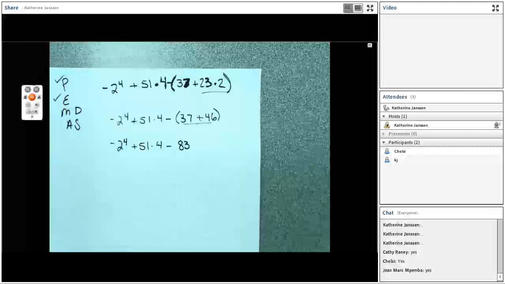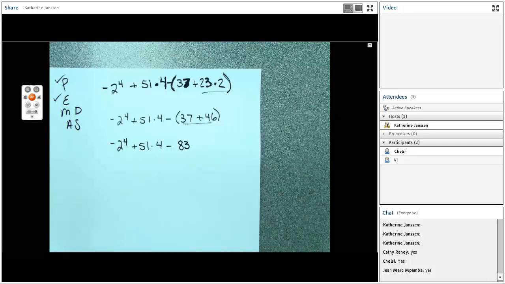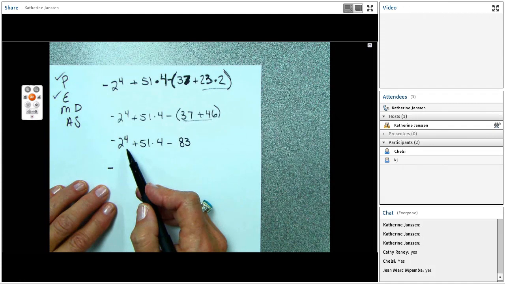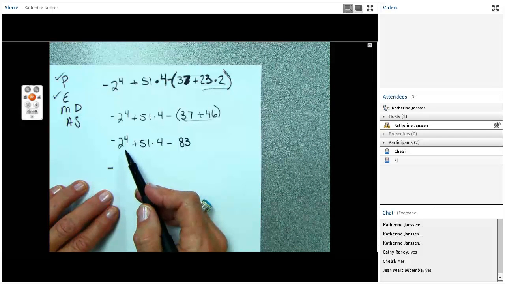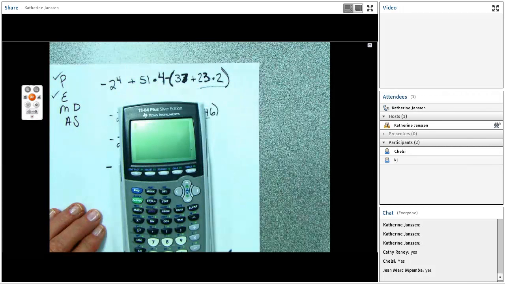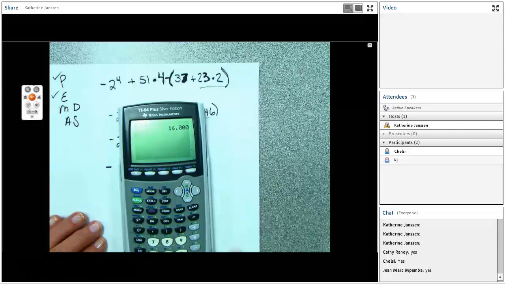I have negative 2 to the 4th. Our exponents, 2 times 2 times 2 times 2, 2 to the 4th. On our calculator, 2 raised to the 4th power, 16.